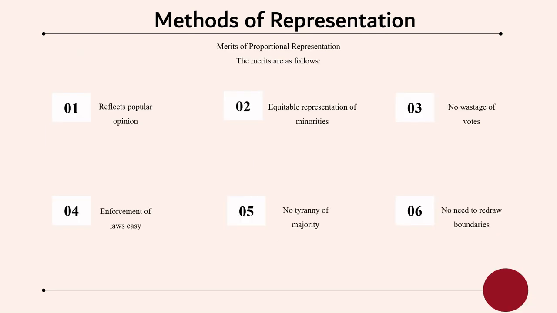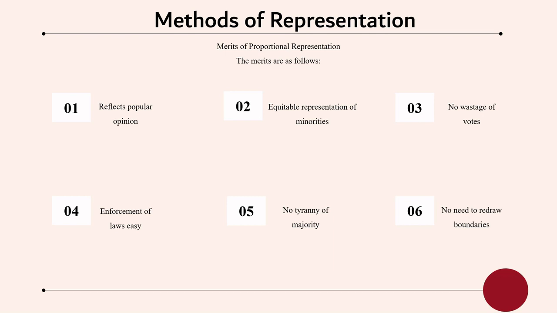Merits of proportional representation. The merits are as follows. First, reflects popular opinion. Proportional representation is able to reflect popular opinion as every vote counted is reflected in the result. Second, equitable representation of minorities.